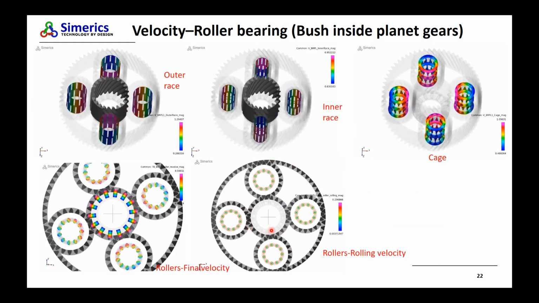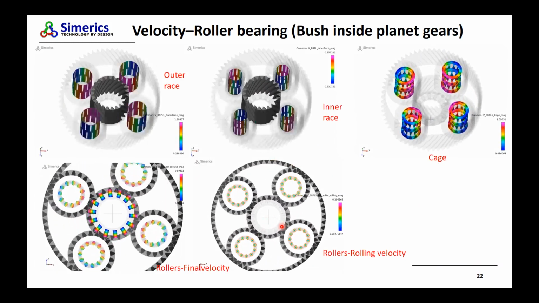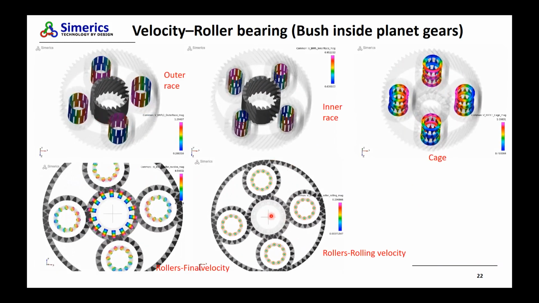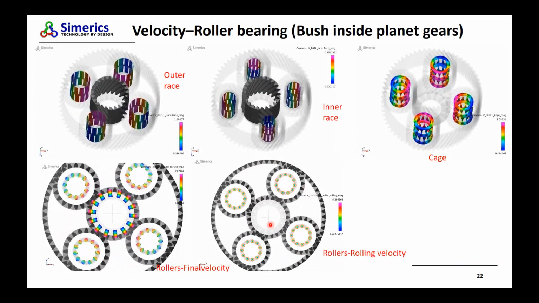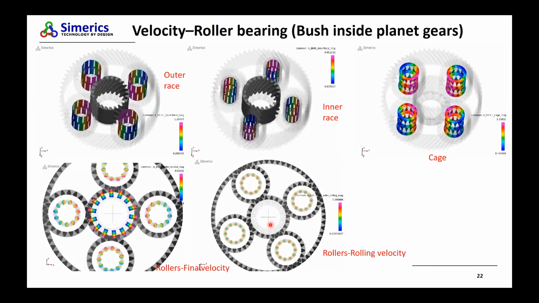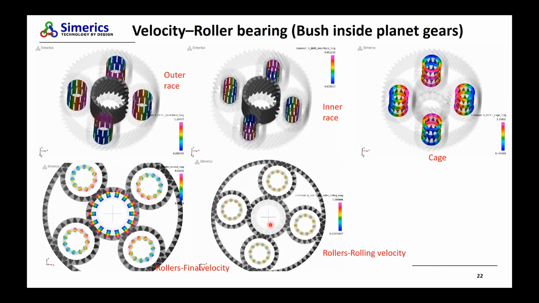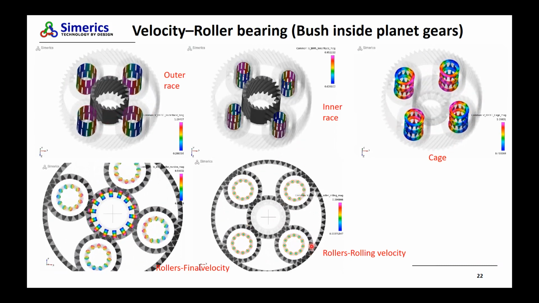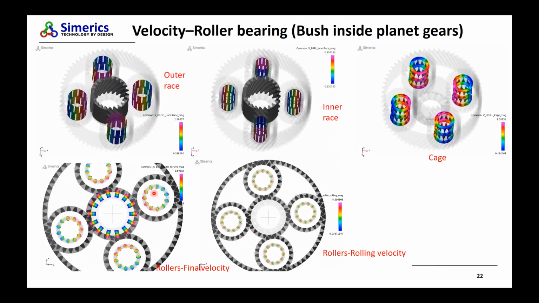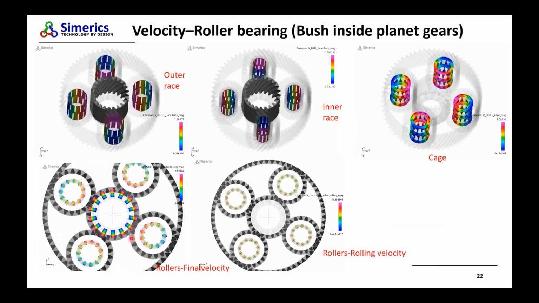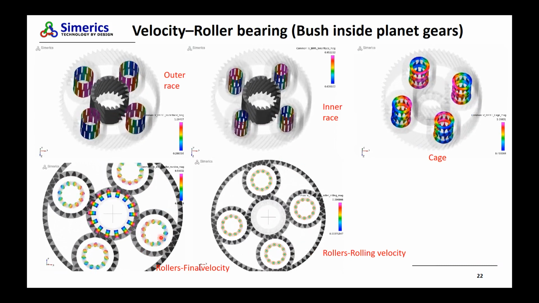So in essence, if you're looking at lubrication or power loss, we have fewer assumptions taken in modeling this type of system. Also, in terms of the velocity field, you can see we color the bearings with the velocity contour, and you can see the distribution of the velocity being accurately captured here.